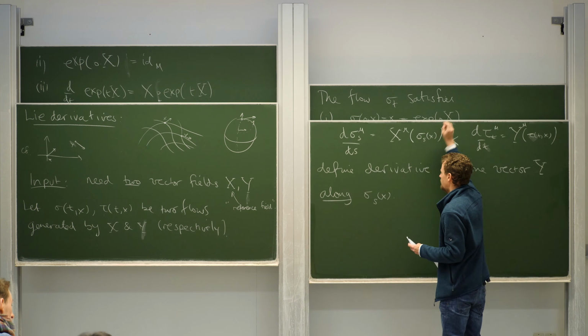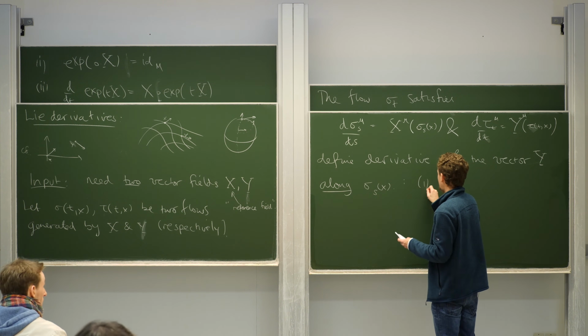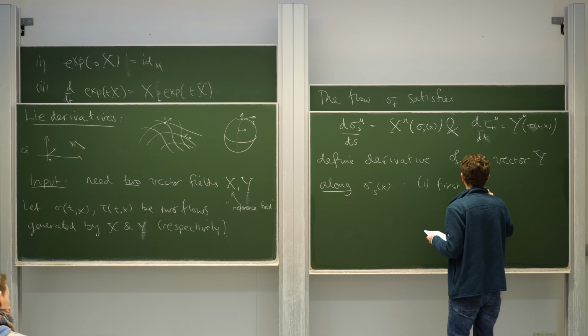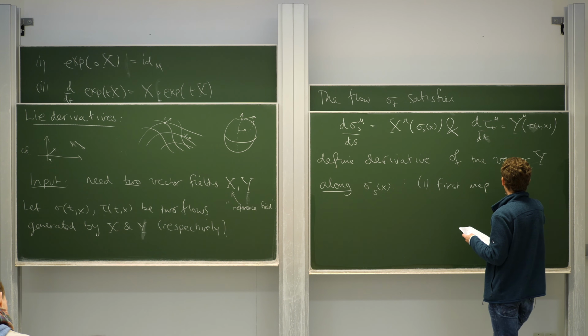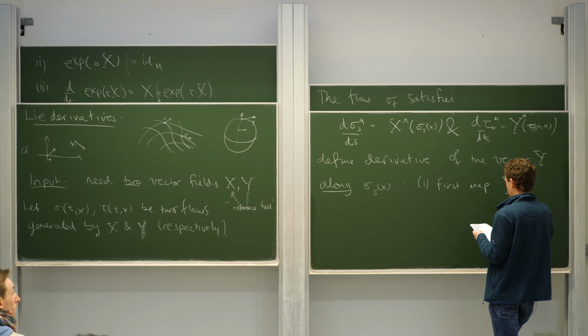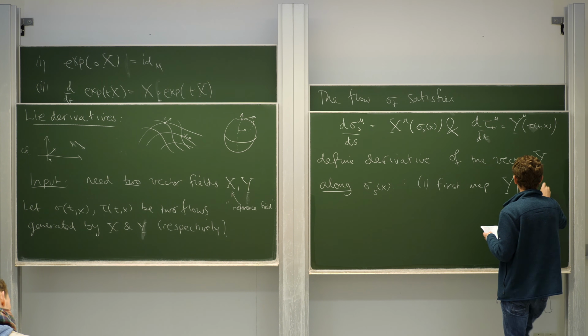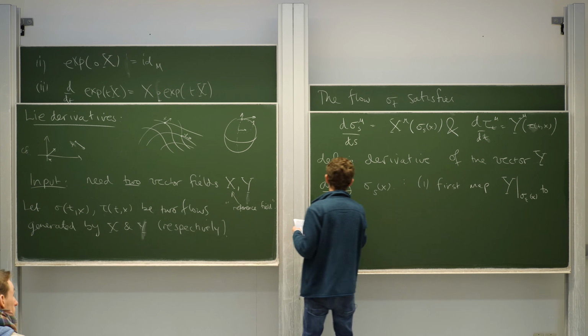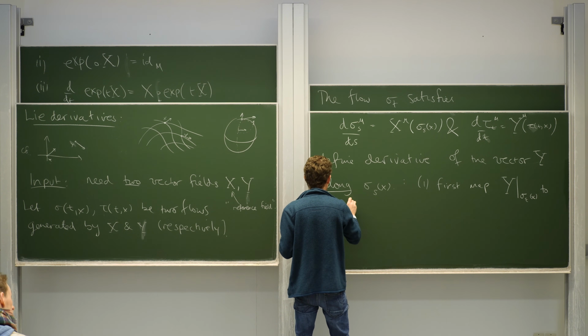So the way to do that is a sequence of steps, really. So first, map y at the point sigma epsilon x to the point x.